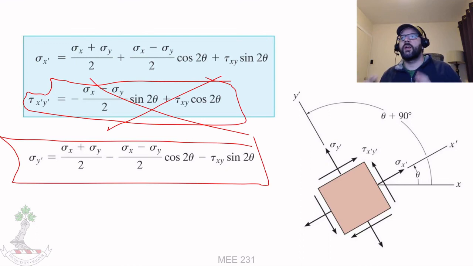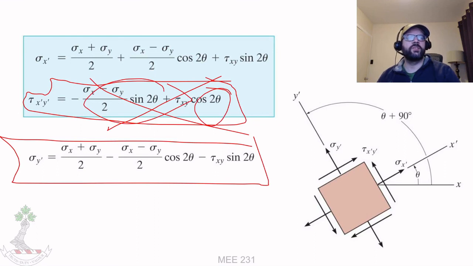So there's a particular angle you can rotate to where all you're seeing are normal stresses that are either compressive or tensile. This works in 3D as well. I'm not going to go into that for 3D because, again, the math gets really annoying, but you can calculate your principal stresses by figuring out what you need to rotate to in order to get this to be equal to 0.